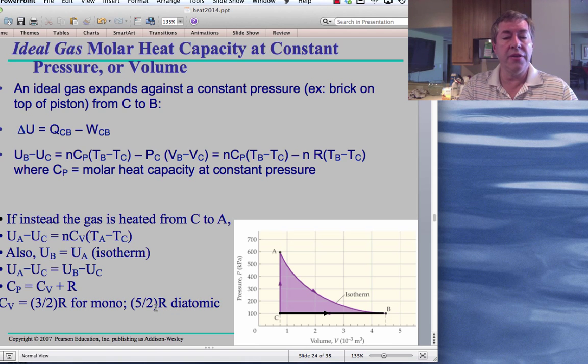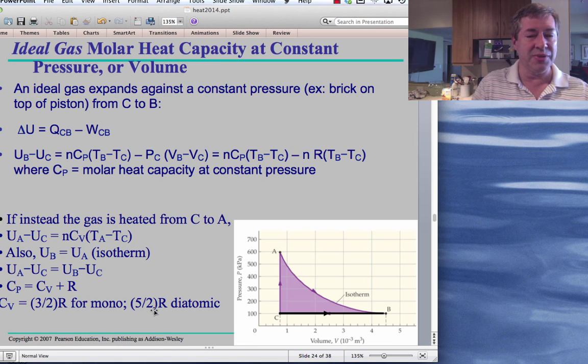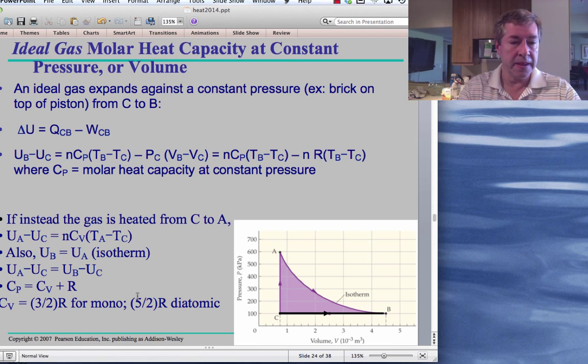Then the volume heat capacity, C sub V for a fixed volume, is 5/2 R, because some of the energy goes into making the diatomic molecule spin faster, and some of it goes into making them move faster. So it takes more energy to raise their temperature, because you have to feed all of those different degrees of motion, or degrees of freedom.